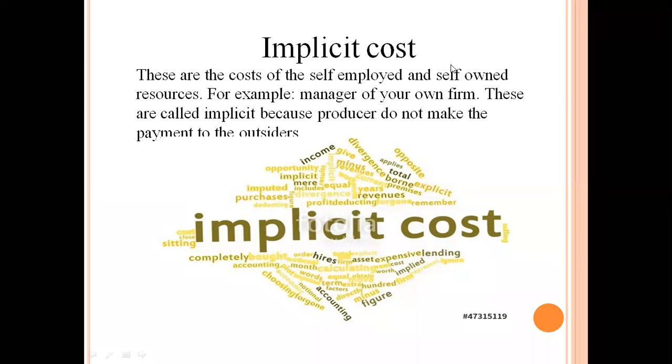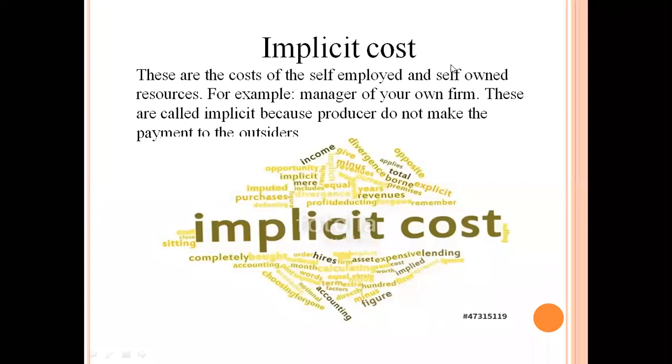But what if the building is purely owned by you? What if you own that building? It's your own building. Would you be paying rent to an outsider in that case too? Please write in the chat box. Would you be paying the rent to an outsider when the building clearly belongs to you?